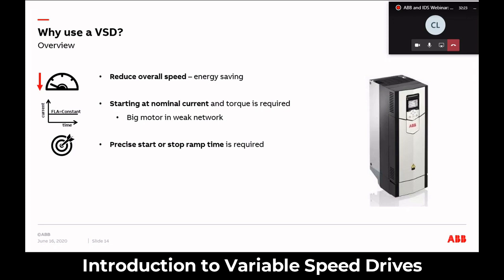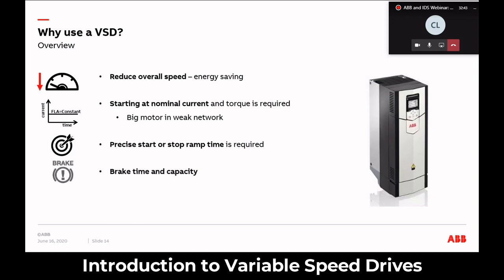A drive can coast to a stop as normal, but there are options to put in a more controlled stop or start, so you can start within a certain period of time, but also stop within a certain period of time as well.